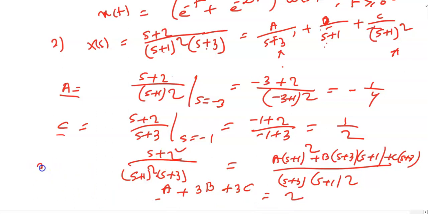Okay, so 3b equal to 2 minus 3c minus a.